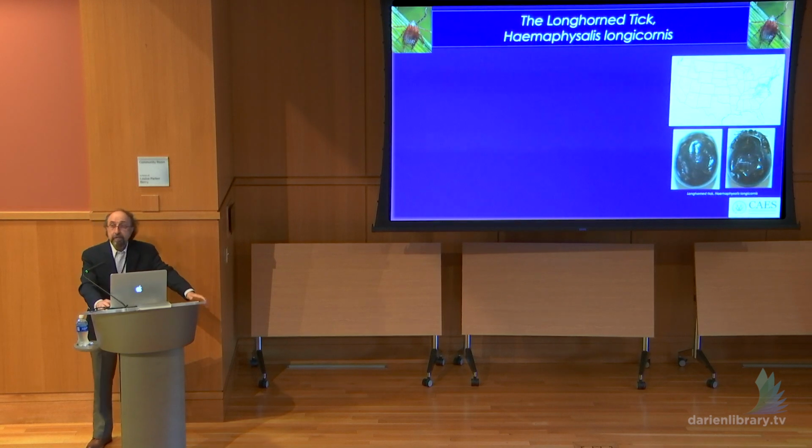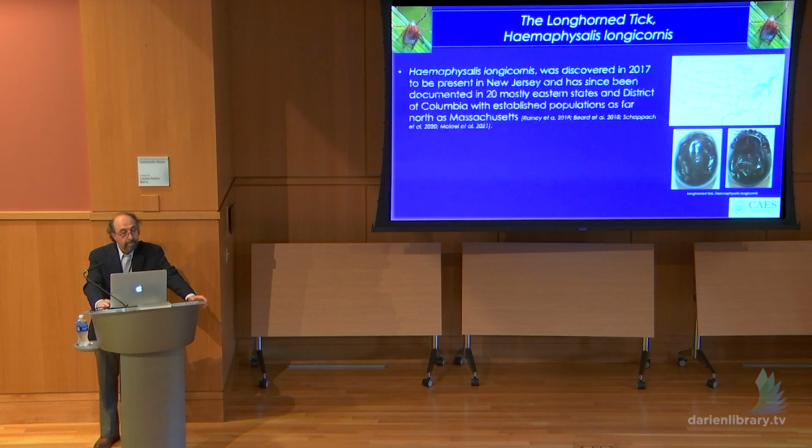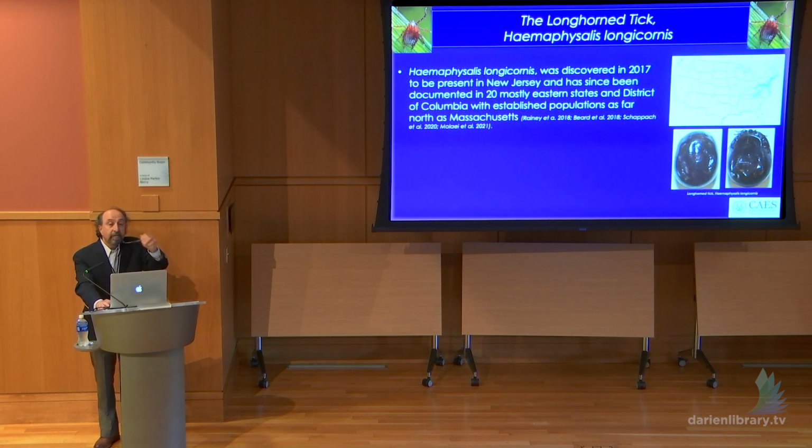The last tick species that I would like to mention is the longhorn tick. When this tick was introduced to the United States, it was called the Asian longhorn tick. We decided just to call it longhorn tick. In 2017, this tick was discovered on a sheep farm in New Jersey, and within a few years, it spread to several states.